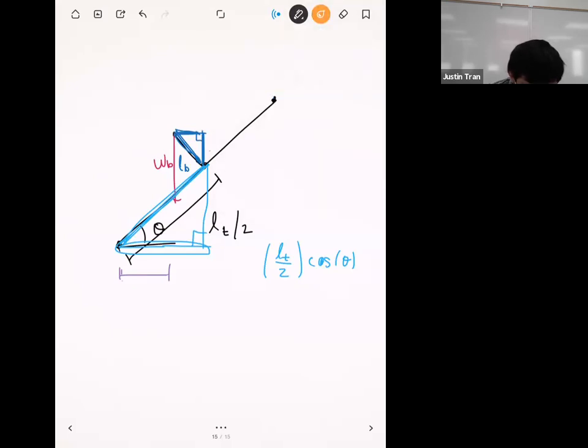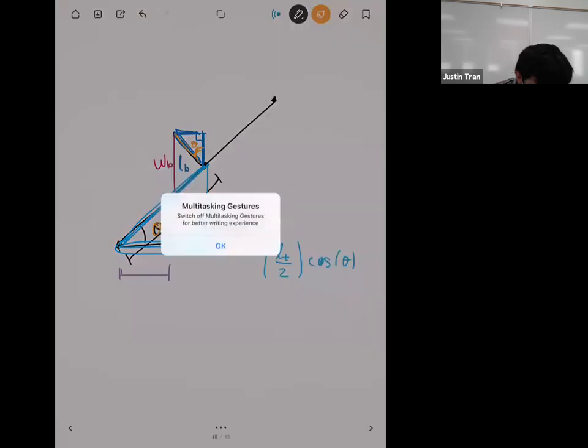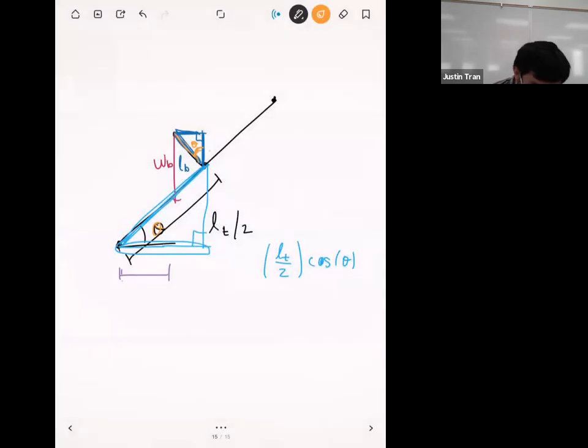The tricky part is, how do we assign the angles for this triangle? It turns out, just due to geometry, this angle right here is the exact same angle as this angle theta right here, because this length is perpendicular to this one. When you make a horizontal and vertical line, the angle for that one is basically the same as that one.